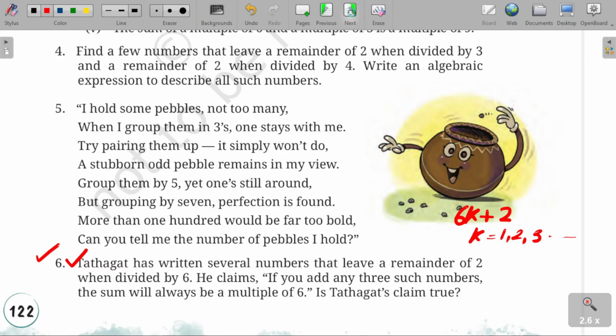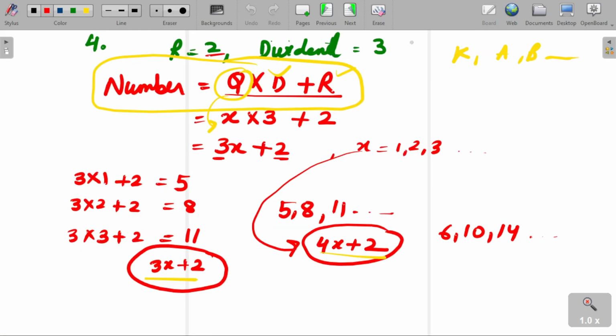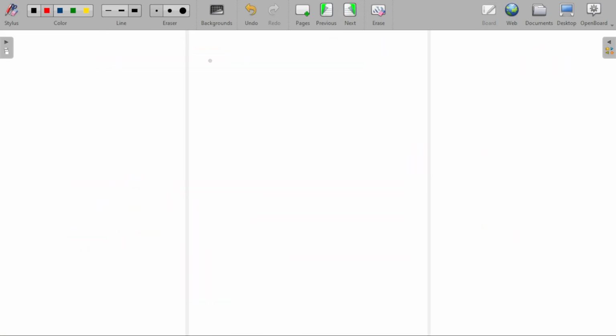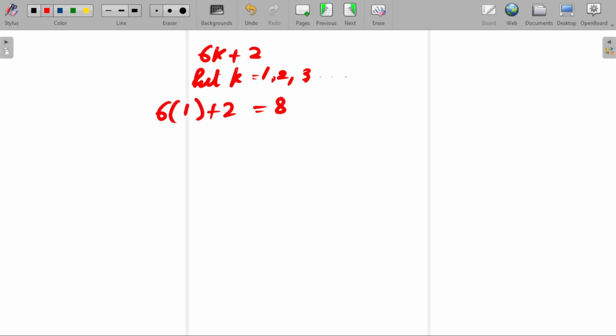I'll do it on the next page. So the term is of the form 6k plus 2. Put k as 1, 2, 3, and so on. By putting 1, the first term will be 8.